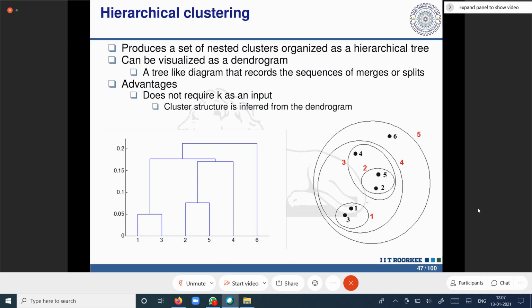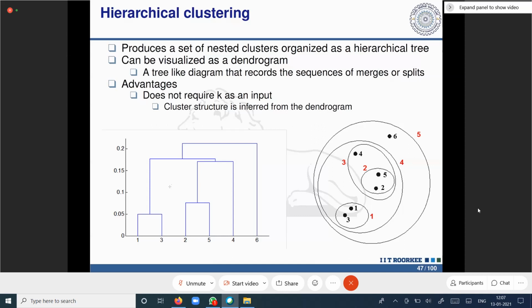Okay, so this was about partitional clustering using k-means and its variants. Now we come to hierarchical clustering. Hierarchical clustering produces a set of nested clusters organized as a tree. It can be visualized as a dendrogram, which is this tree structure you can see here.